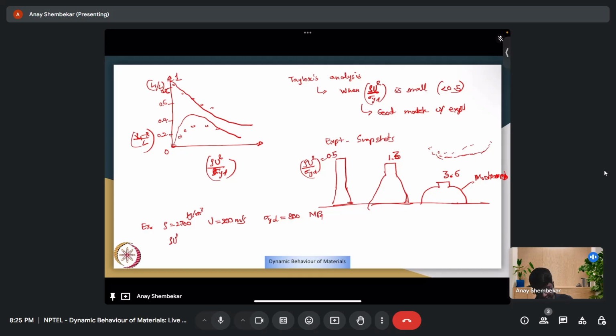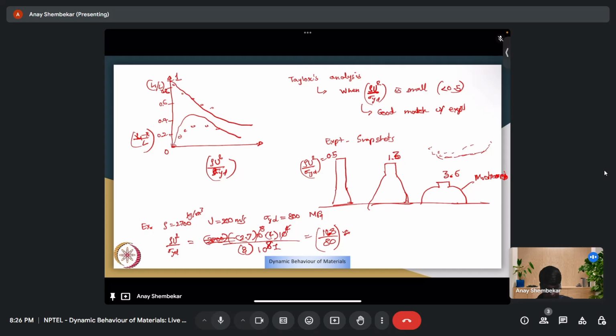Then if I calculate my dimensionless parameter, 2.7 into 10 raised to 3, 200 squared is 4 into 10 raised to 4, on 800, which is 8 into 10 raised to 8. So this is 10.8 by 80.